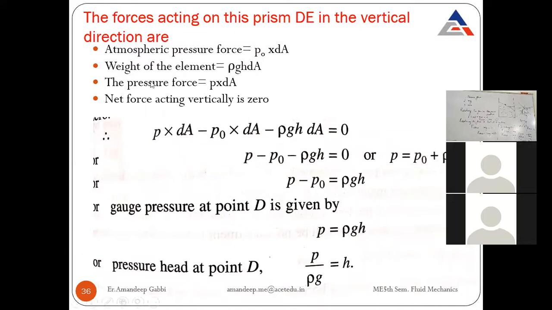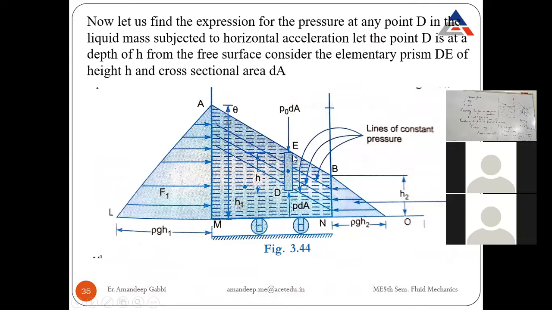Now, how did I get this rho g h dA? Let us see. The cross-sectional area is dA, and the height of the element is h.